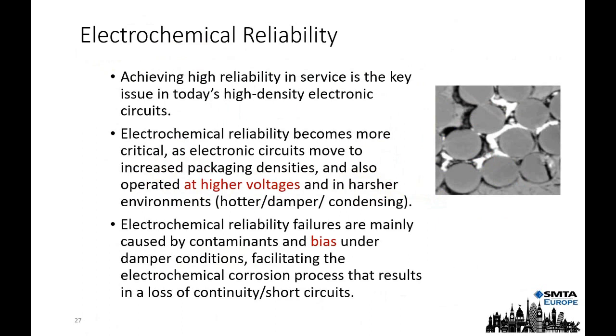Now, many of you will probably know that CAF failure or CAF generation is an internal board failure mode where there is separation of the glass bundles, and that gives a pipeline, if you like, to any residues that then can form conductive paths or certainly produce a low resistance path to an adjacent termination.